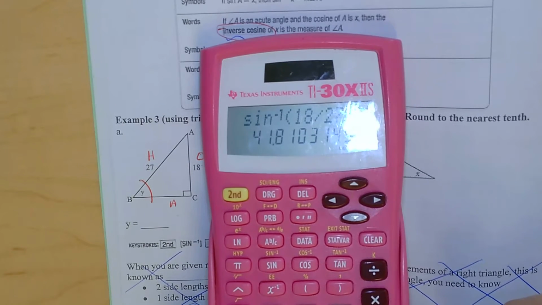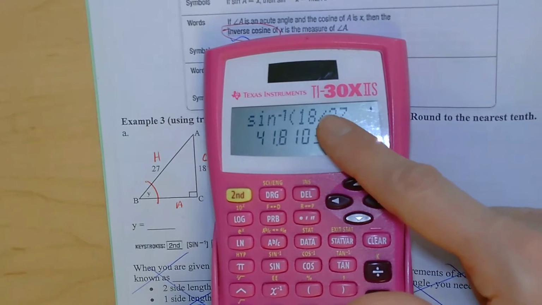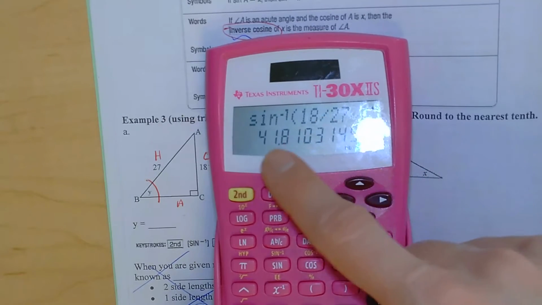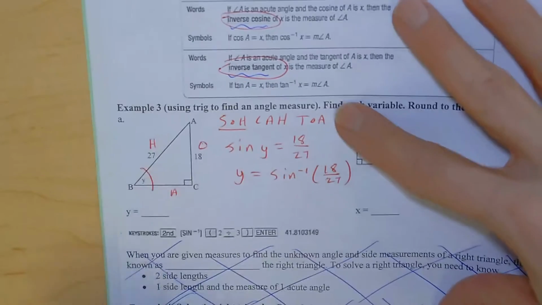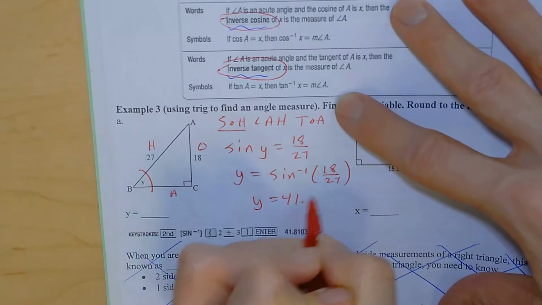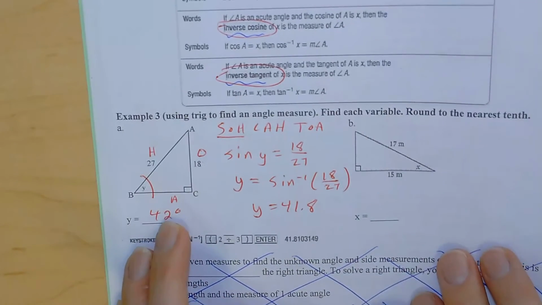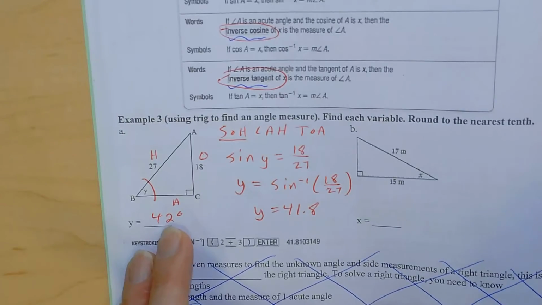You can see the calculator pause for a second. It searches for the angle degree that has that ratio in a right triangle, and for sine that is 41.8. So the angle degree is 41.8. If it says round to the nearest degree, a lot of times they'll let you round angles to the nearest degree. You can make it 42 degrees if it says that.